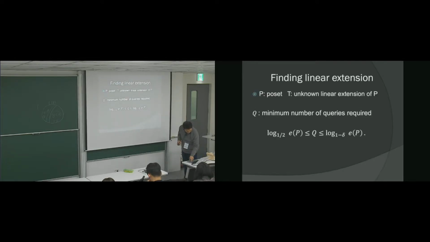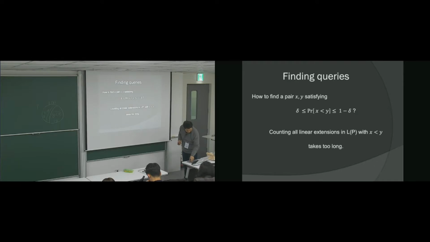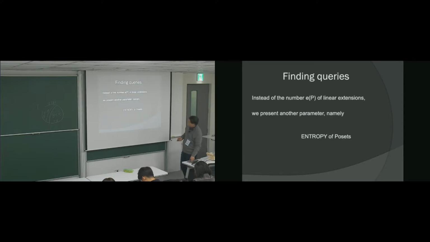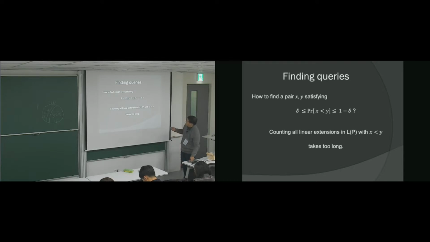So instead of using this kind of argument, because it takes too long to find a nice pair, we need another way to find the unknown linear extension.